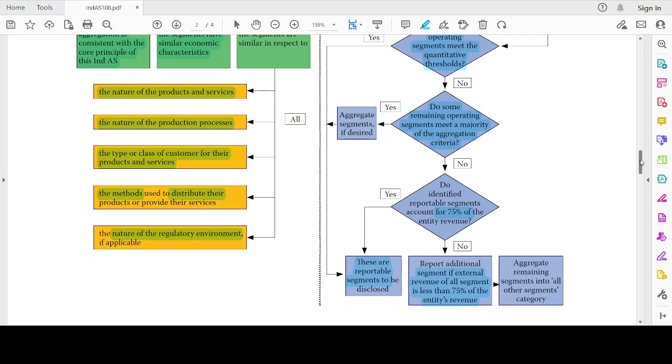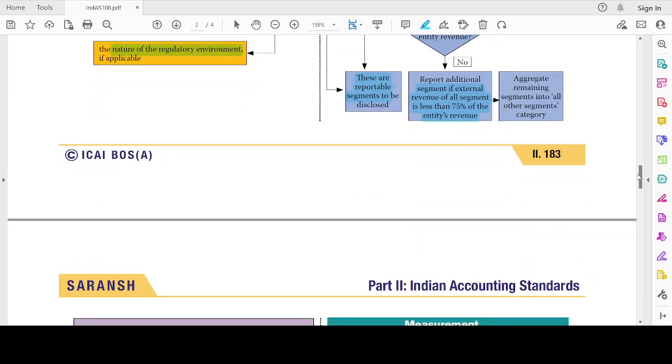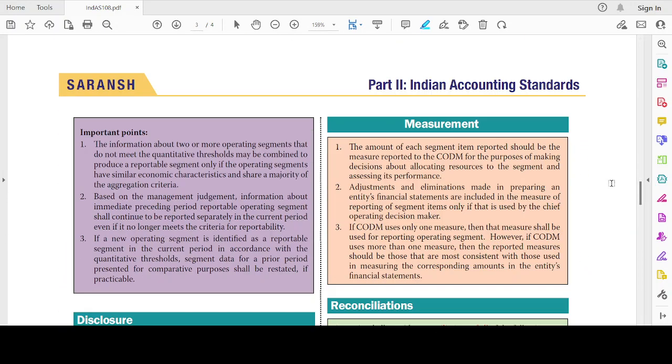So additionally report those where the external revenue of all segments is less than 75% of the entity's revenue. If that is also not satisfied, then I will proceed with aggregating the other things into the all other segments category. Okay, now let's move on to the next points.